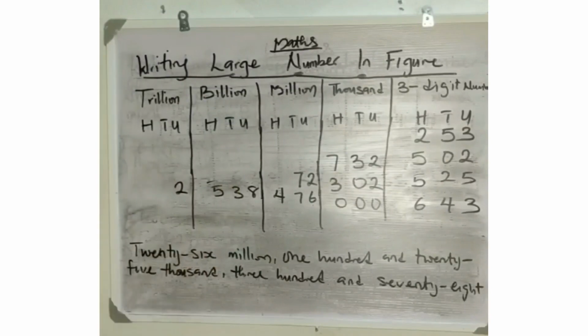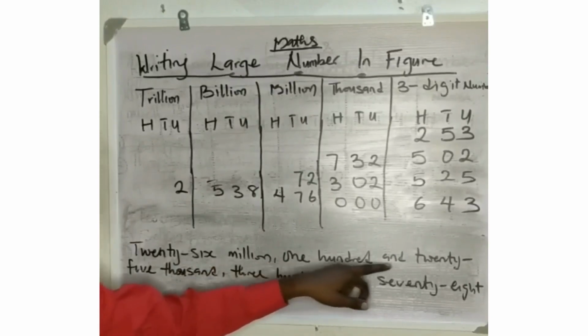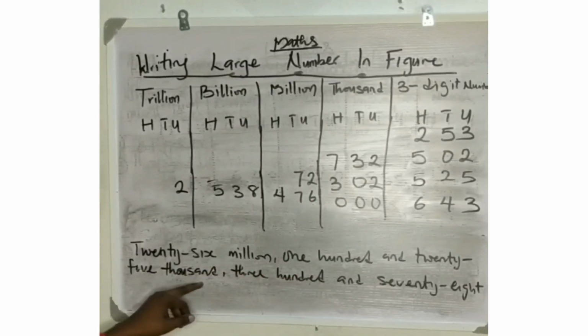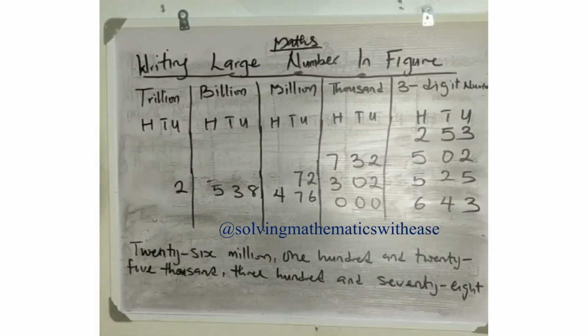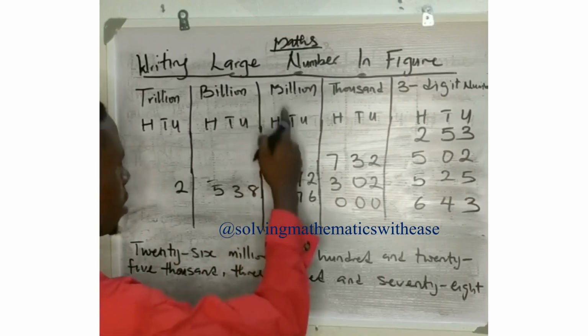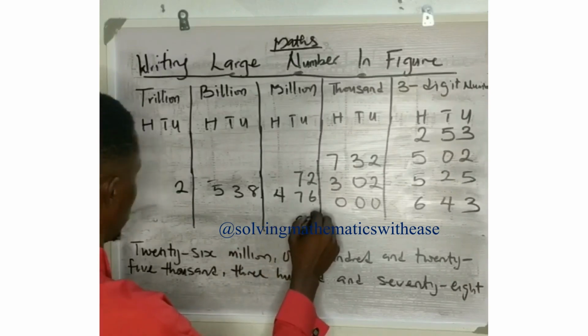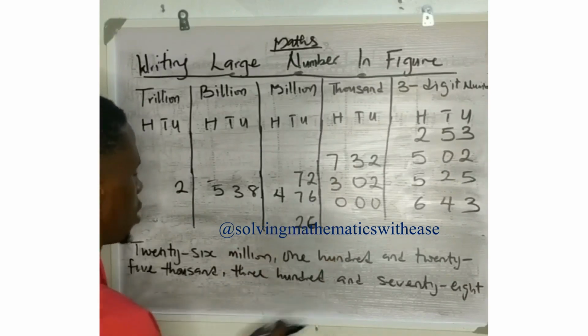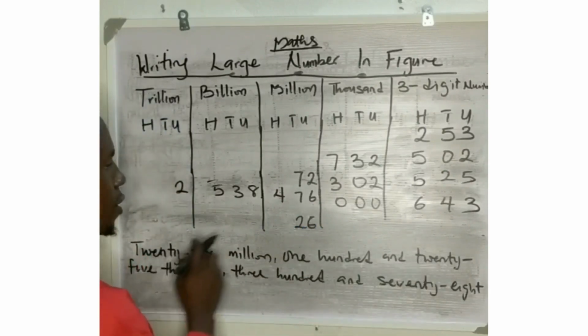Now let's talk about another example. We have 26,125,378. Now let's start. We have 26 million. Under million, let's look for million. Look at million here. You have 26. So you have 26 million, 125,378. 5, let's see, 100.